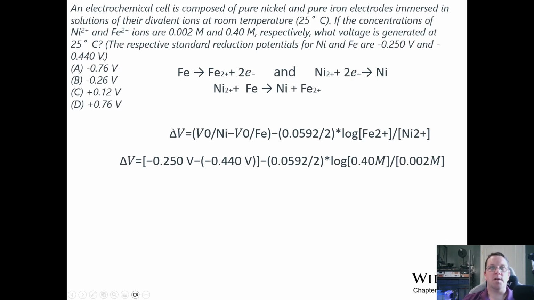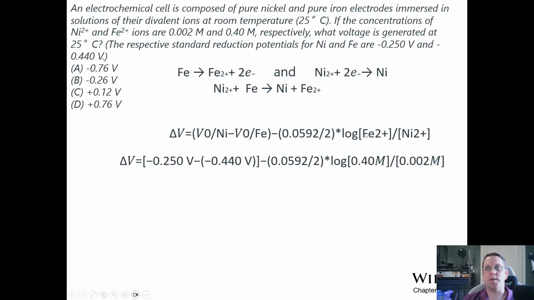So our formula looks like that: the potential difference is the V naught for nickel minus the V naught for iron. And we subtract from that our adjusting factor of our coefficient divided by 2 times the log. This is given in a little more detail in the text, but this is the simplified form that we're using.